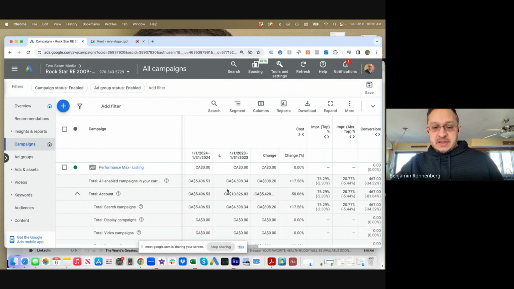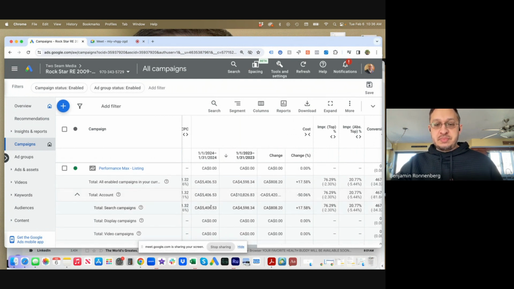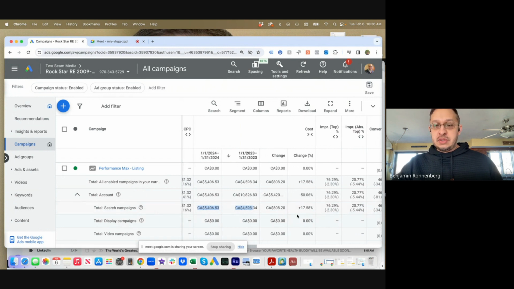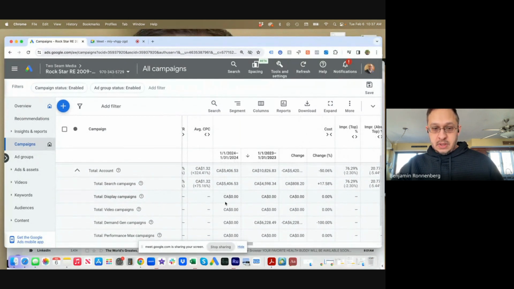Now let's scroll down and ask the question why. Where did the spending not happen? Because search was pretty consistent. We were actually up on search by about 18%. So we were basically flat, in my opinion, or up almost 18%, whatever. Little bump. But down here, Google is now calling them demand gen campaigns.